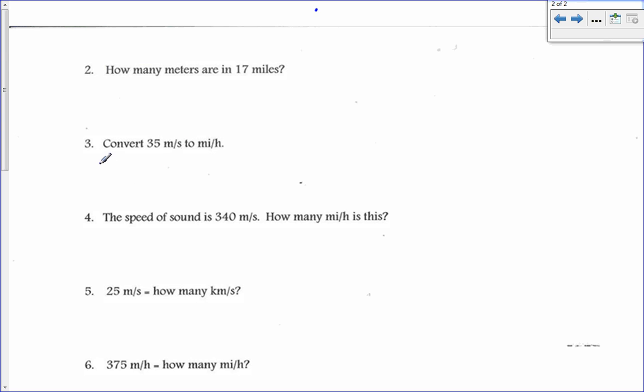You're going to set number 3 up like this: 35 meters per second. And then you're going to multiply. You're going to convert meters to miles. So first you'll go to kilometers, and then you'll go to miles. Then you'll do the second part of the conversion, which is going from seconds to hours. So first you'll go to minutes, and then you'll go to hours.